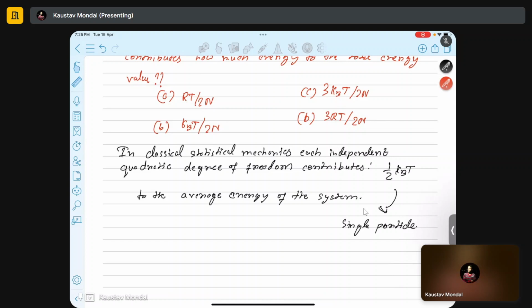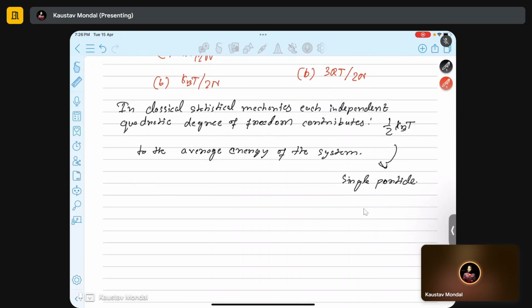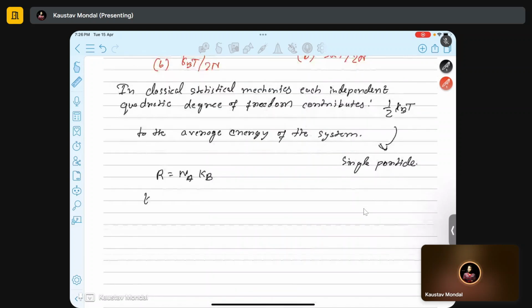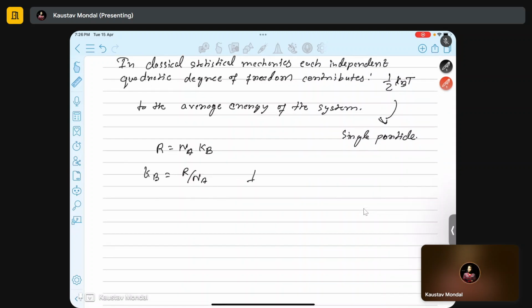What you can do is write the ideal gas constant R as Na times kB, where Na is the Avogadro number. So you can write kB as R by Na. Now if you substitute this into half kBT, this gives you half RT by Na, so RT by 2n.